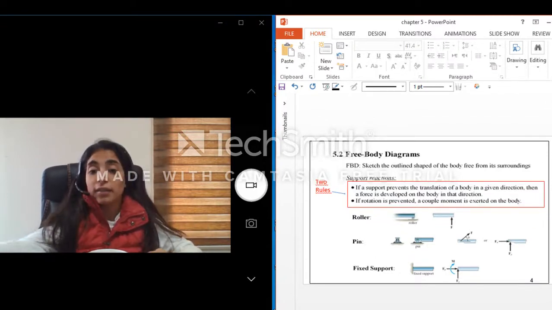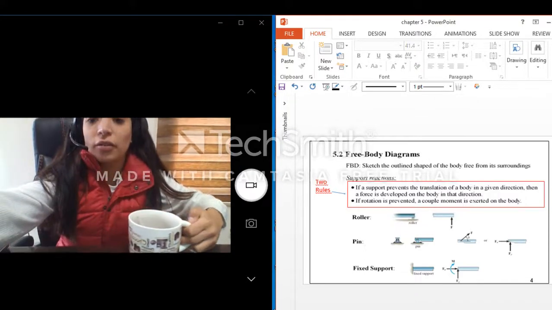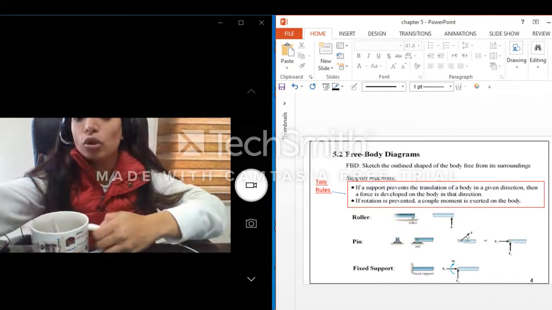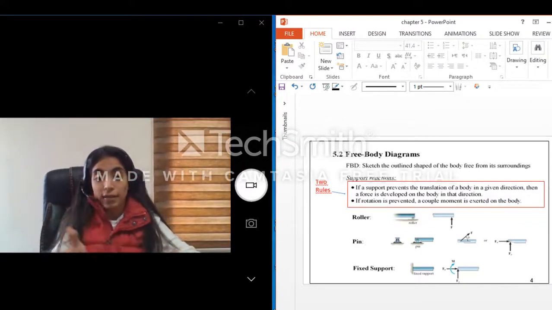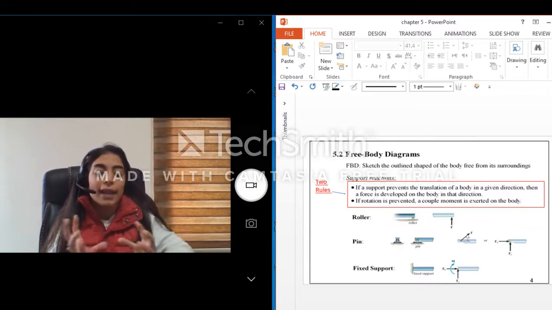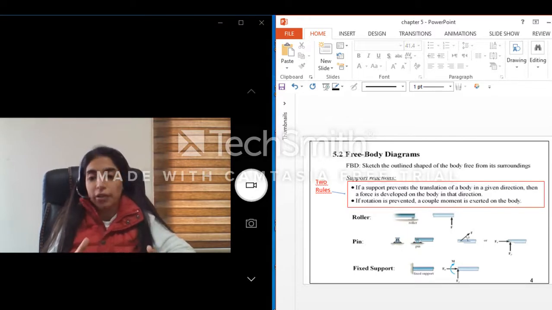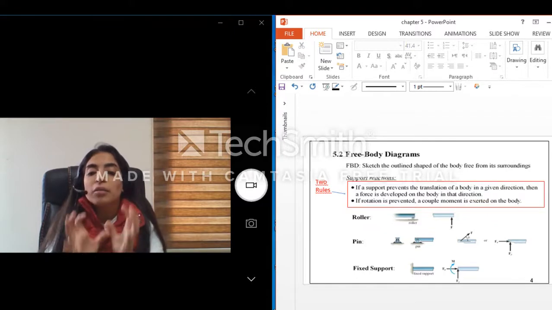However, guys, this table is not preventing the translational motion of this mug in the horizontal direction, which means, guys, that this table is not doing a horizontal reaction. It is only doing a vertical force or a vertical reaction. And from here, guys, come the two main rules.